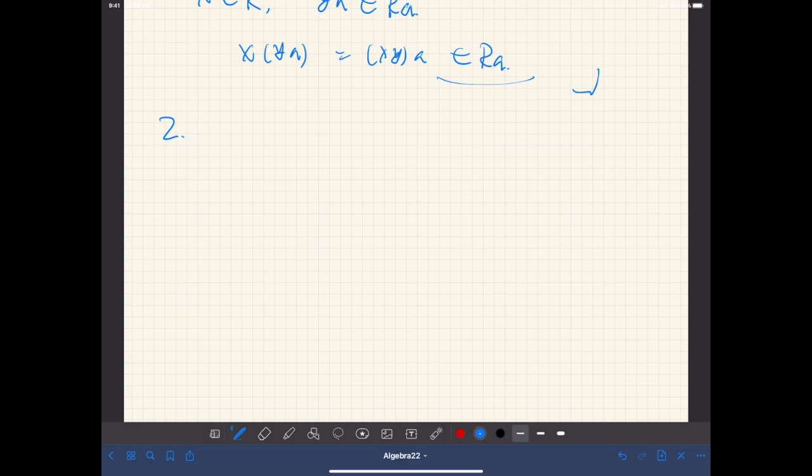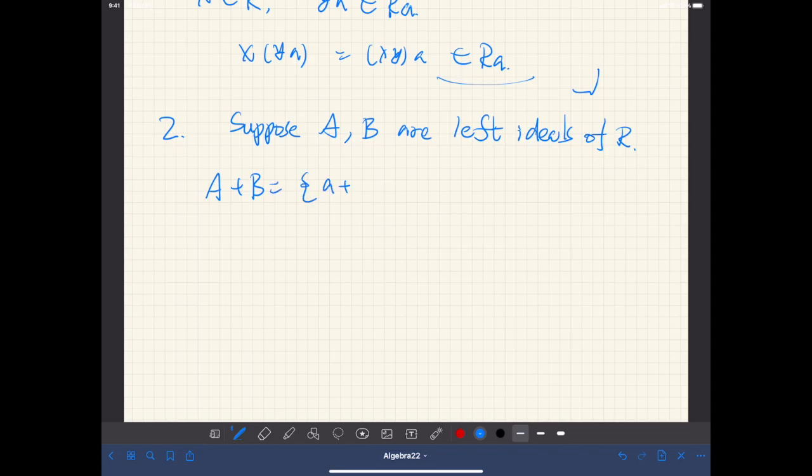So suppose A, B are left ideals of R. Then A plus B is defined as the set of elements that can be expressed as a plus b, where a is an element of A and b is an element of B. It's easy to show that this is an additive subgroup.